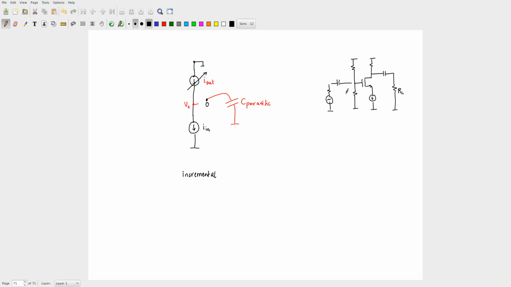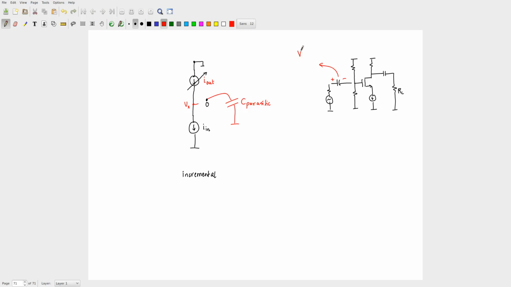If I ask what is the voltage across any capacitor in the incremental circuit, what would be the voltage across this capacitor, for example?